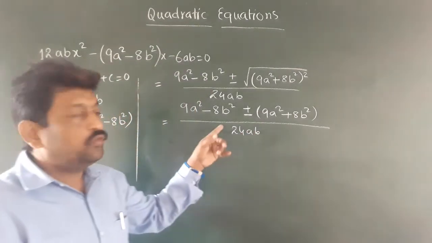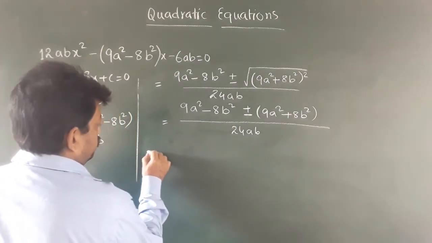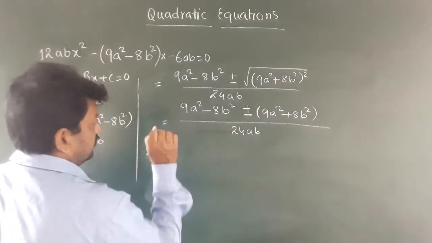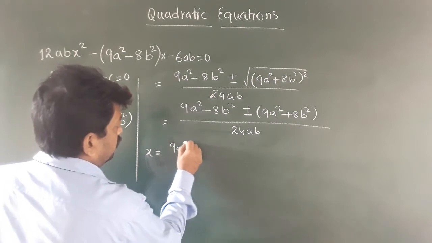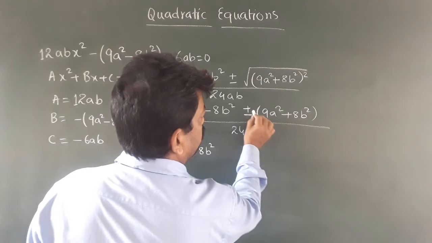Therefore, we are getting two values of x, that is, there are two roots. So the first root is 9a square minus 8b square. I am taking the positive value, plus value.